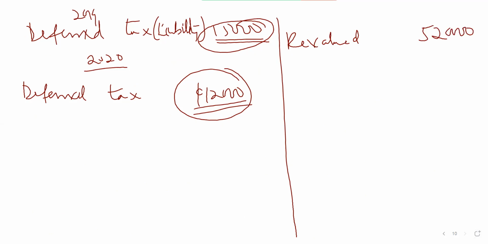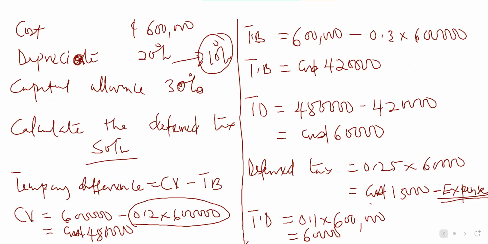You see that we are going to have a revaluation surplus of how much? Would that be 40,000? The carrying value was 480 at the end of the year.